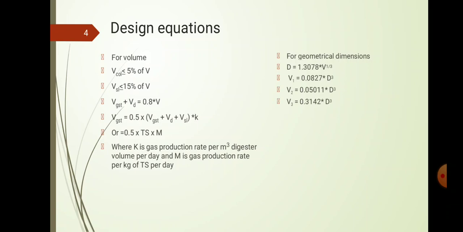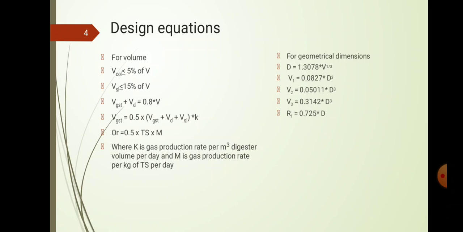These are empirical relations only. V3 is 0.3142 into D cube. So this is how we find V1, V2 and V3 based on D. First we determine D based on total volume. Then based on D, the diameter of the cylindrical portion, we find all the other V1, V2 and V3, etc.